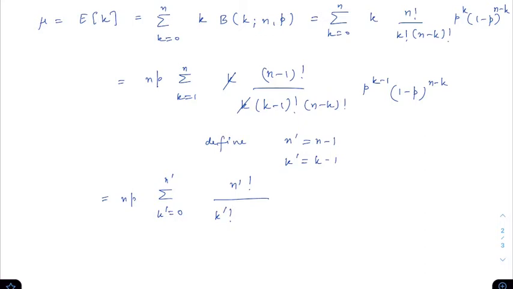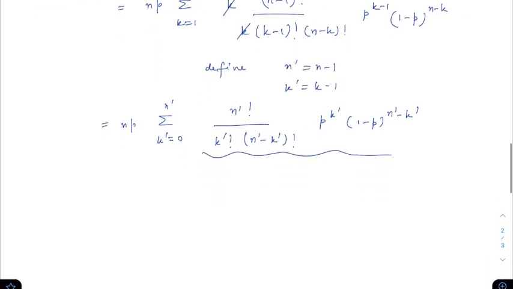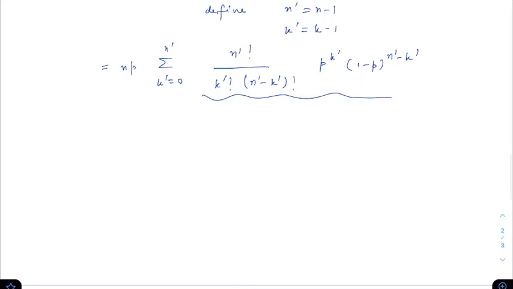Now if you notice, this is nothing but the probability distribution function itself, just with k prime and n prime instead of k and n as before.